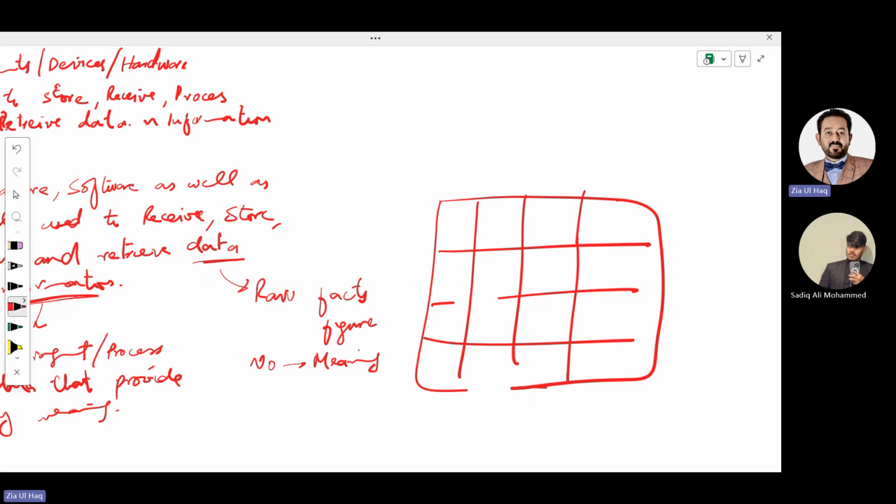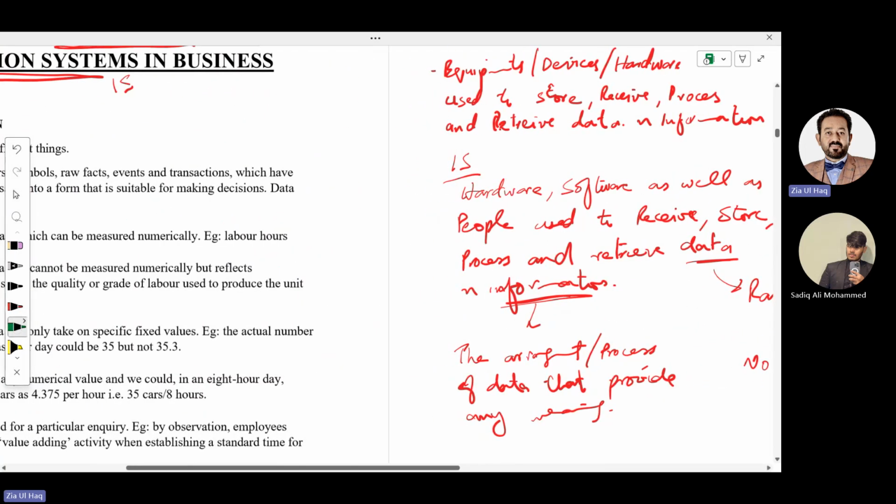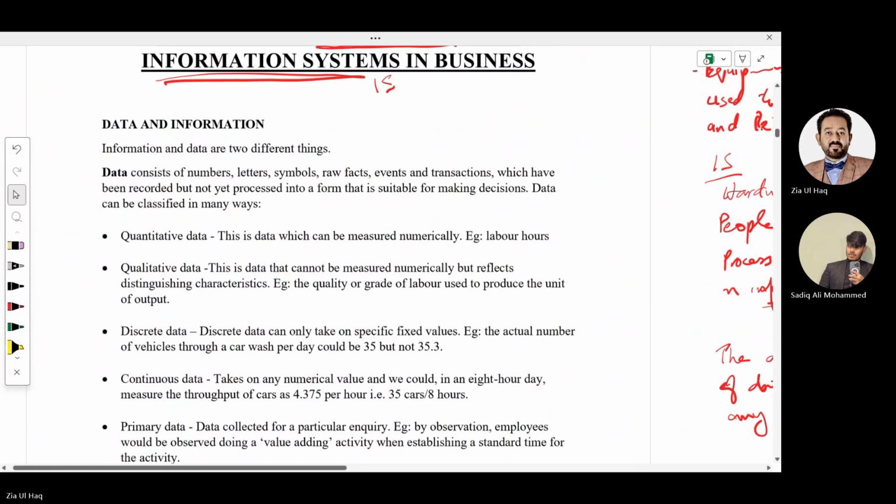So data doesn't provide any meaning, while information is a processed form of data through which we can get any meaningful form, through which we can make any decision, we can identify any results. So that will be called information. So we have differentiated between IT and IS, and we have differentiated between data and information.